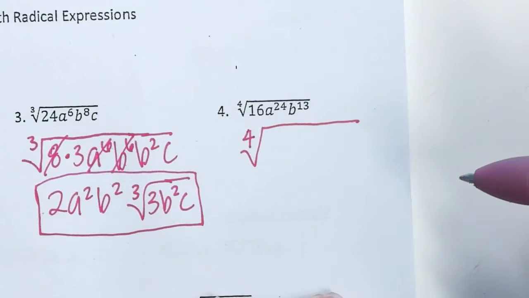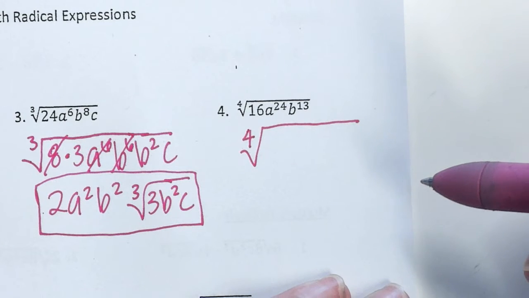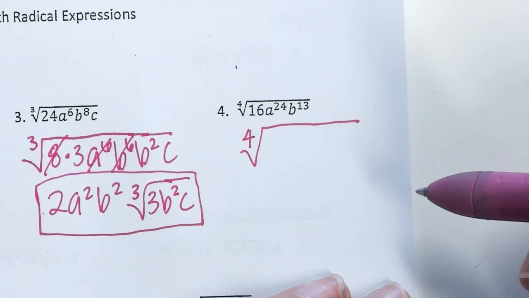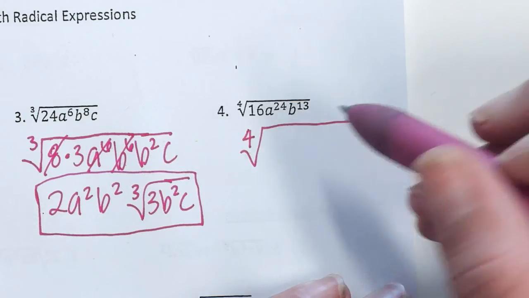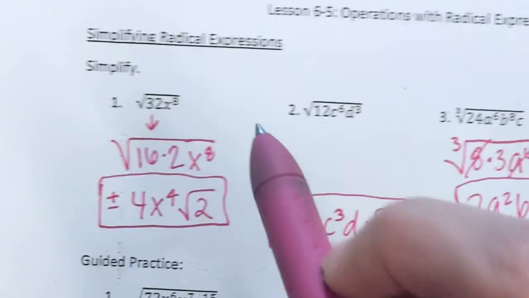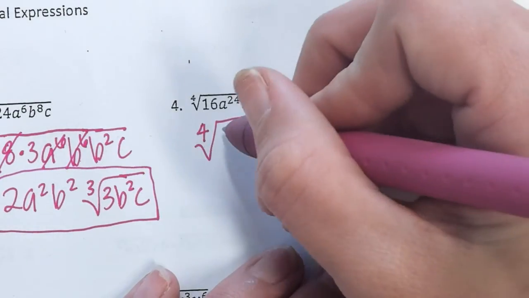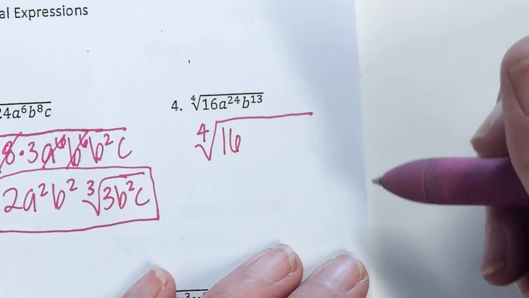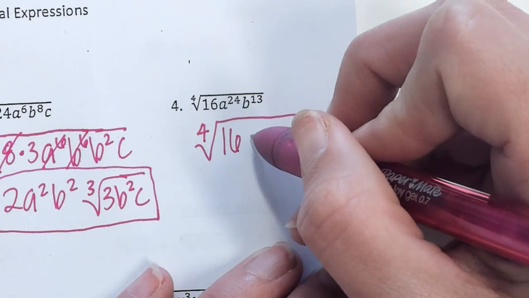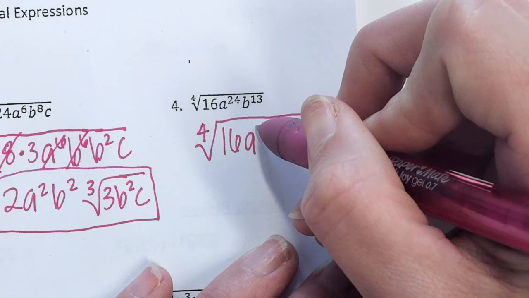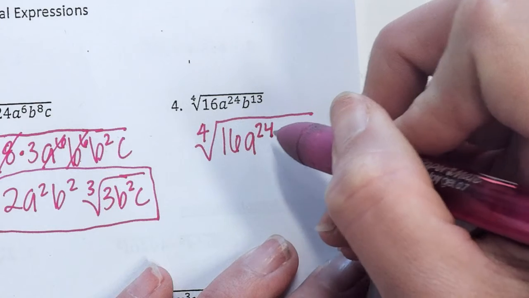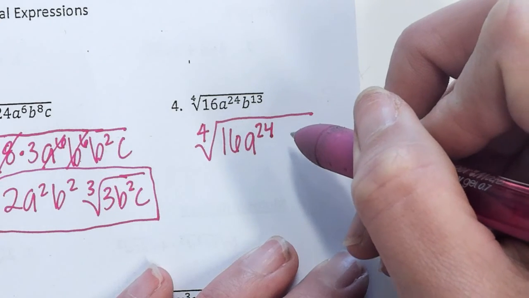Alright, Aaron, what do we have to break 16 up into? 2. Good. I know where you got 2 from. But do we have to break this up like we did on the first one? Because it's a what? 4th root. Darrell, do we have to break 8 to the 24 up? Why? Divisible by 4.